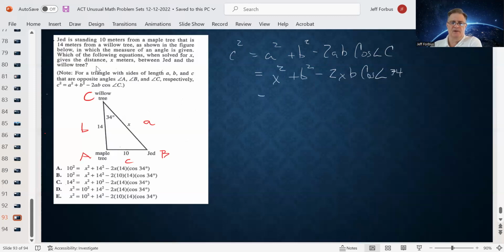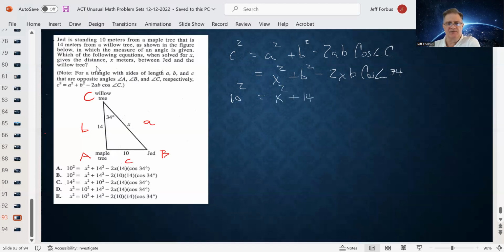Okay. Now let's fill in what else we know. We know side C is 10. So C is 10 squared. We're looking for X, right? We don't know what that will be, but we know that B is 14.